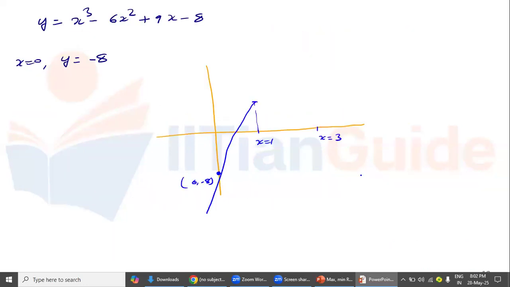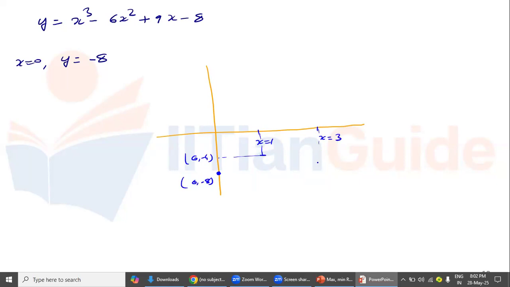At x is equal to 1, the value I had got was minus 4, but it is maximum. This point is 0, minus 4.